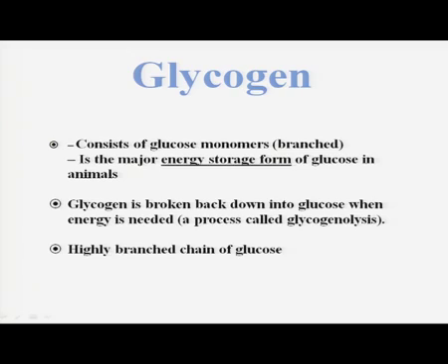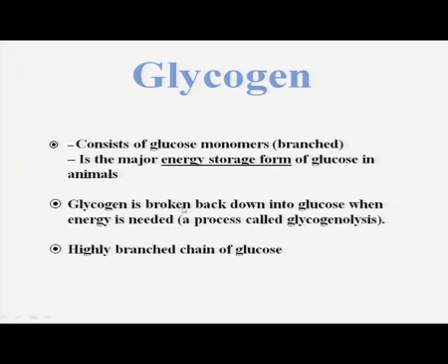Now, the next type of polysaccharide is glycogen. Glycogen also consists of glucose monomers, but it is branched. It is the major energy storage form of glucose in animals. In plants, that is starch. In animals, the major energy storage form of glucose is glycogen.